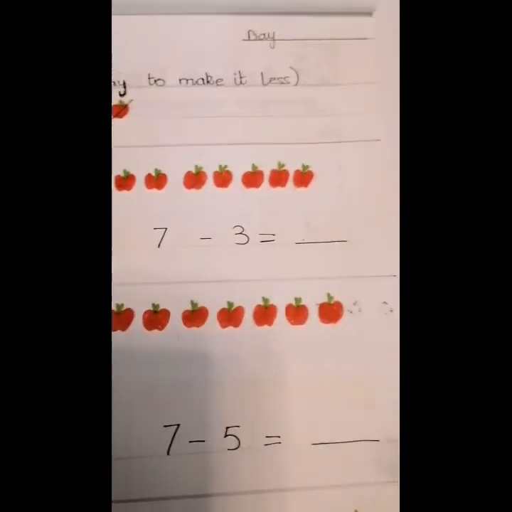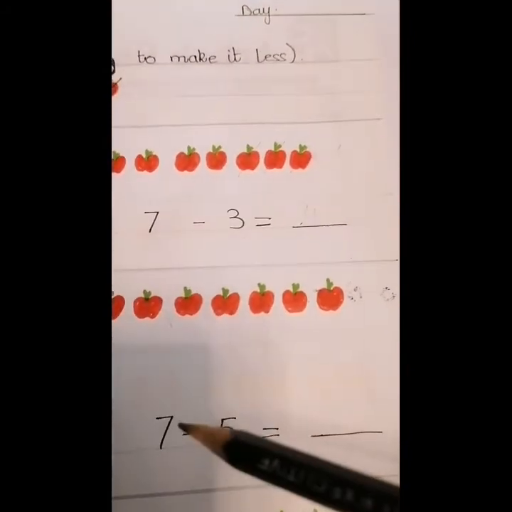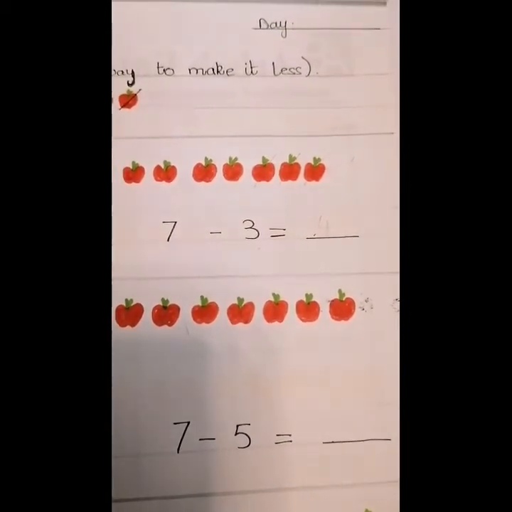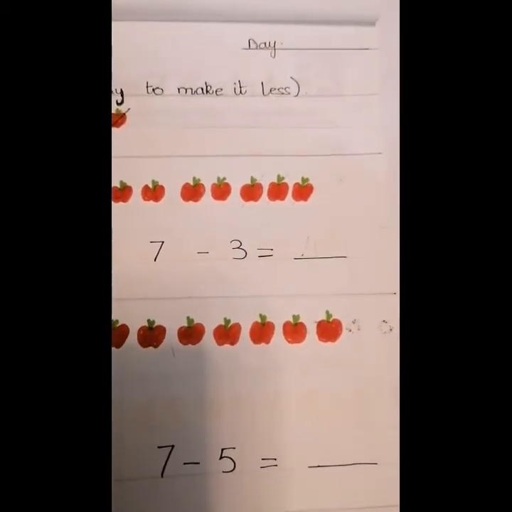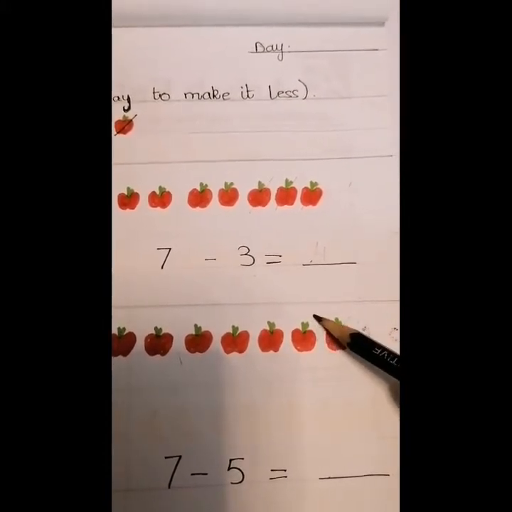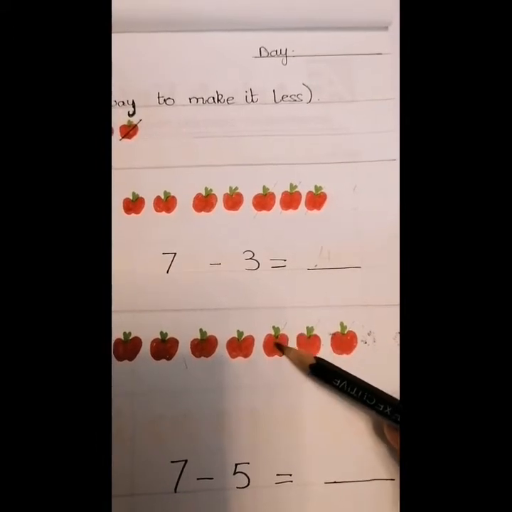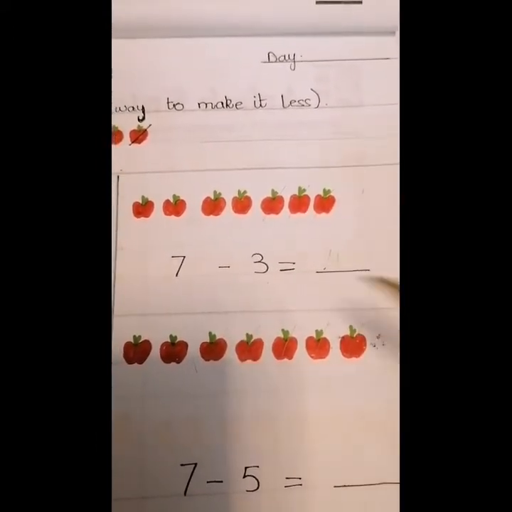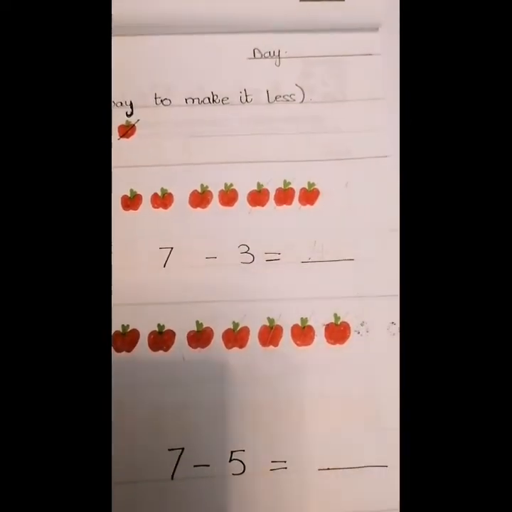Let's read this sum. 7 minus 5 is equal. So out of 7 apples, we will cross out or take away 1, 2, 3, 4, 5. We'll cross out 5 apples.